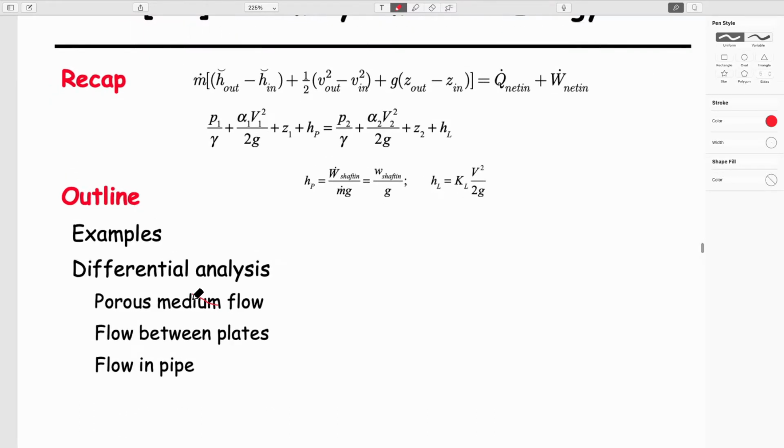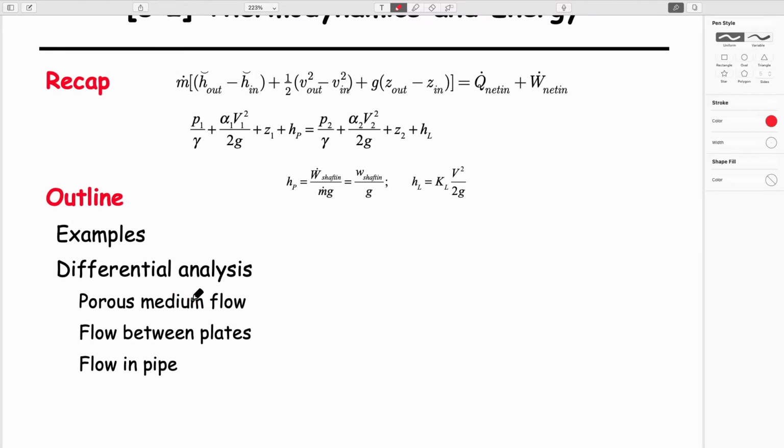You'll recall that we had two expressions, this first equation and this second equation. When dealing with them, they're just stream tubes, so what we're working with is flow between upstream and downstream.